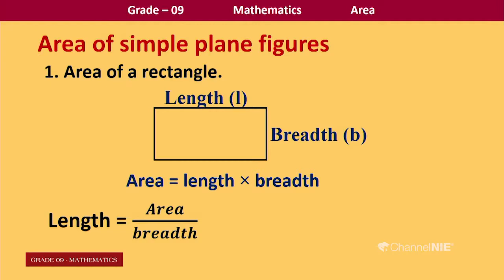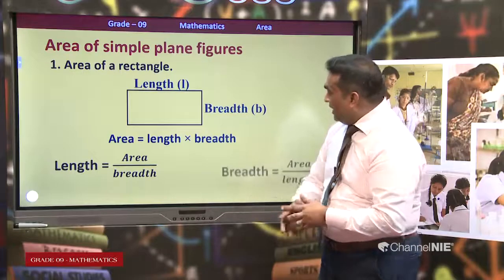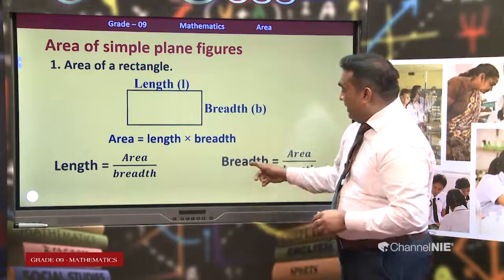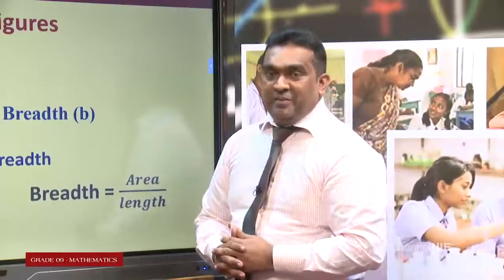Area should be divided by breadth. If you want to find out area, length multiplied by breadth; as well, if you want to find out length, you have to divide area by the breadth. Then we will see how to find out the breadth. Breadth is equal to area over length.